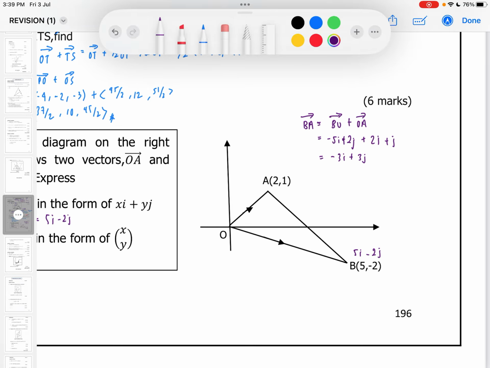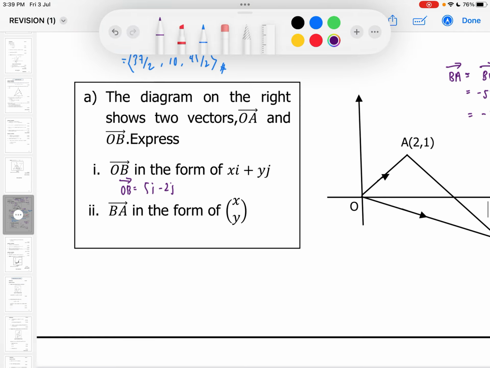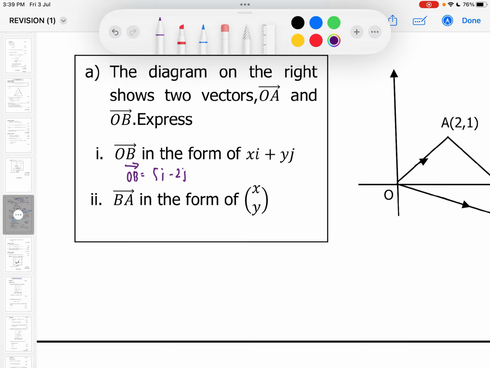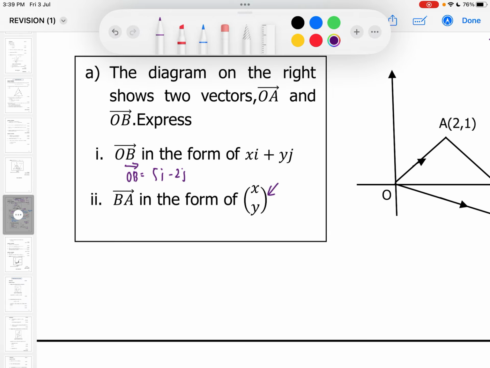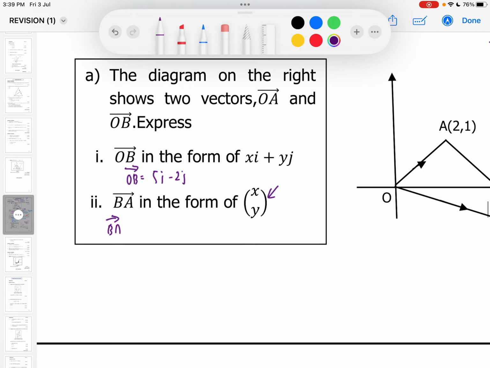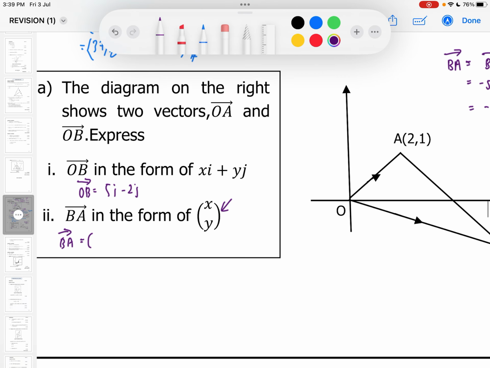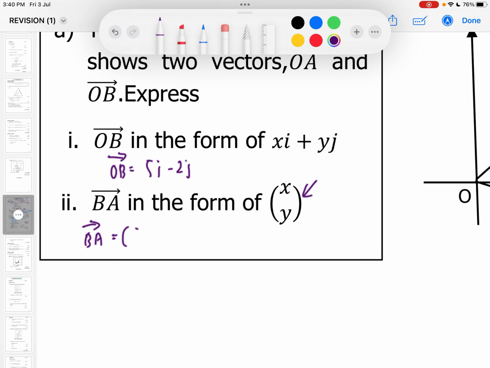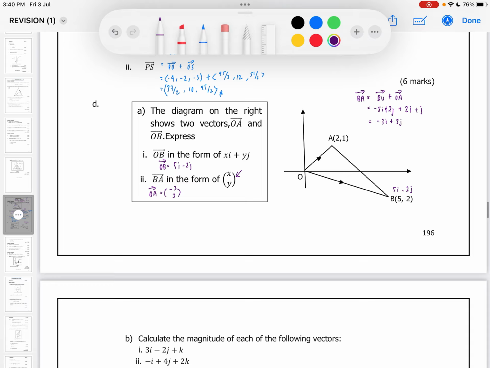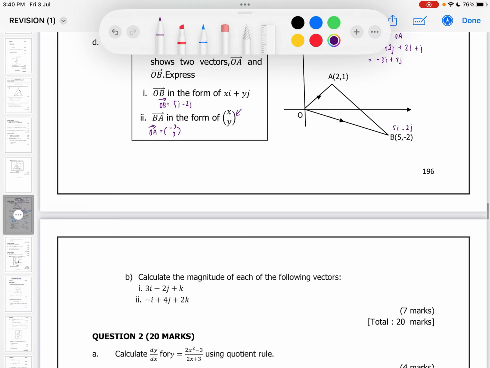So BA would be negative 3i plus 3j. So now we want BA in the form of x and y, this form. So I'm just gonna write down where i is representing x and j represents y. So it's gonna be negative 3 and 3. Okay, so that is for D.